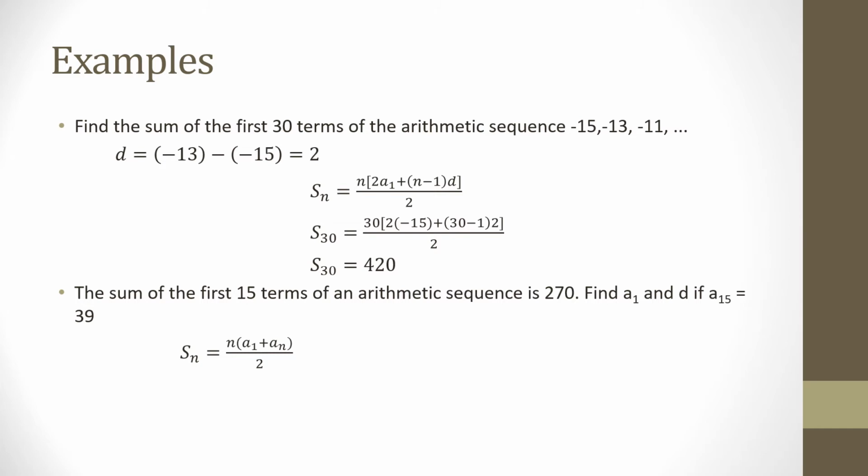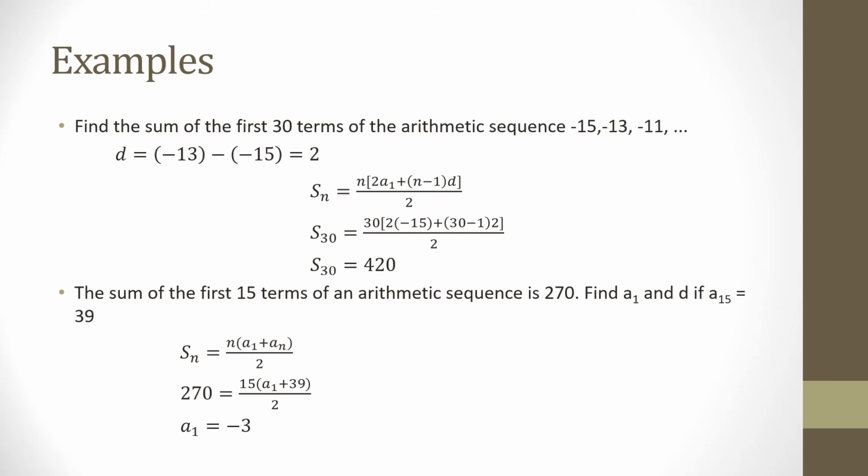So, yung n dyan, palitan mo ng 15. Okay? So, S of n is 270, n is 15, a sub 1 is not given, a sub n is 39, a sub 15, all over 2. So, masosolve mo agad. Okay? A sub 1 will be negative 3.